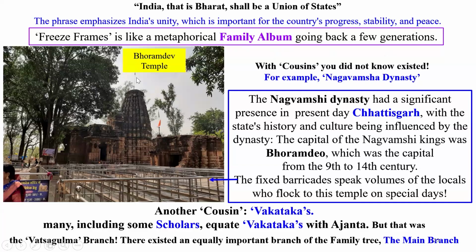And you can see it is a perfect example of a temple which is still intact. It has the Trijanga Mandovara, then the Bhumija Shikhara, the Shukanasa, and the three Mukhamandapas. And what is important is you can see the permanent barricades, indicating that we may not have heard of it, but there are enough people who flock to this temple on special days or festival days.